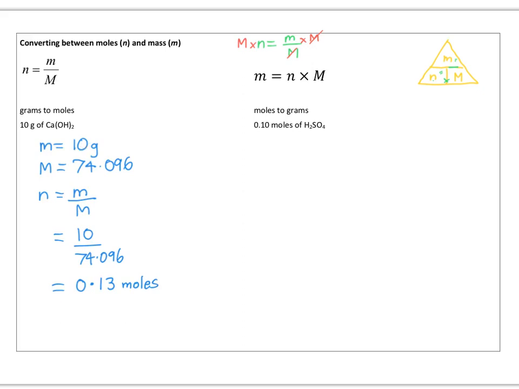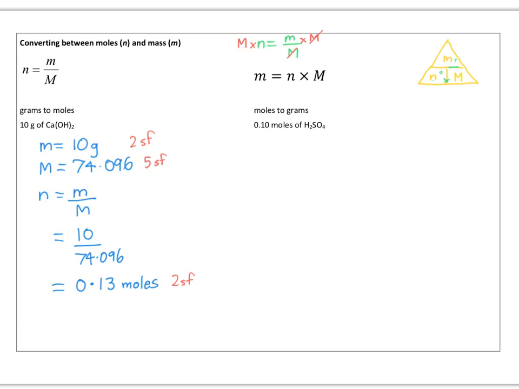Because there was a 2 there, we should only go to 2 significant figures in our answer. We'll keep coming back to significant figures, so don't get too stressed by that. The main thing is that you can work out the number of moles given the mass and the molar mass.